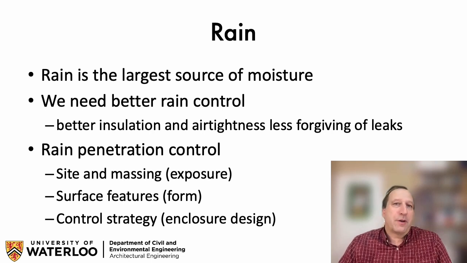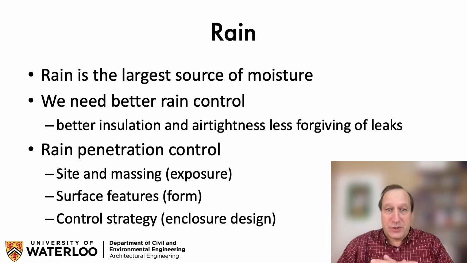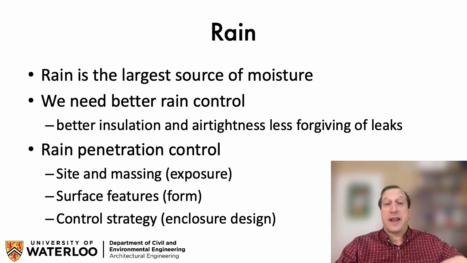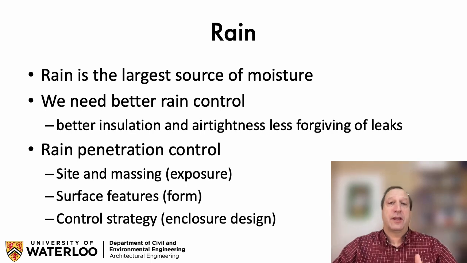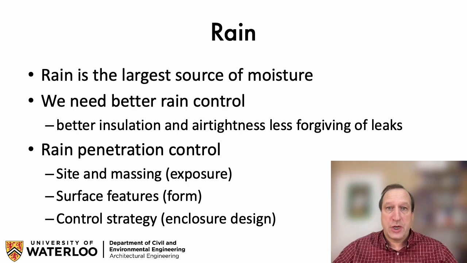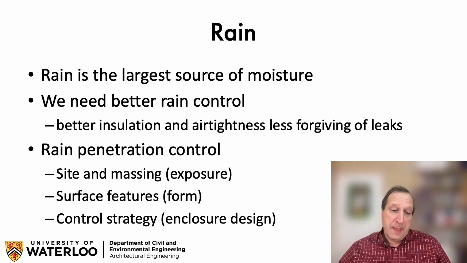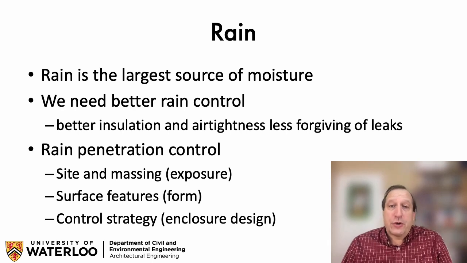Also, we're starting to make our assemblies out of much more susceptible materials. We're trying to take materials such as a concrete block wall with a brick face and replace it with a light gauge steel stud, gypsum sheathing, and a light metal cladding or something like that. Well, the difference in moisture tolerance of those two systems is vast.